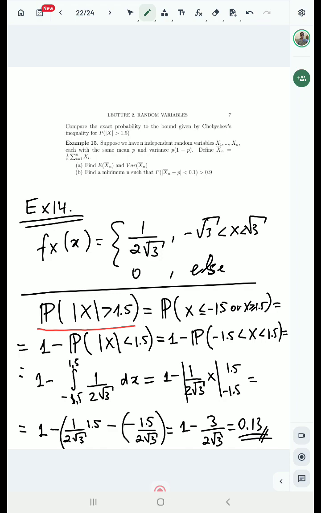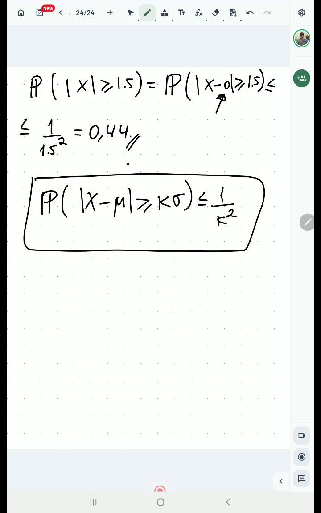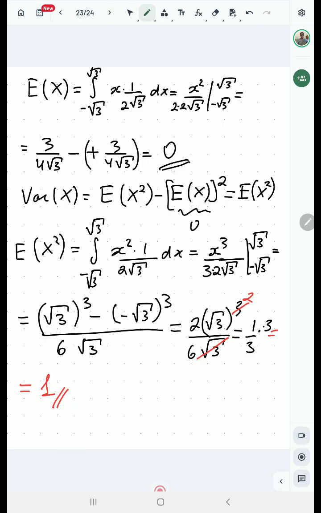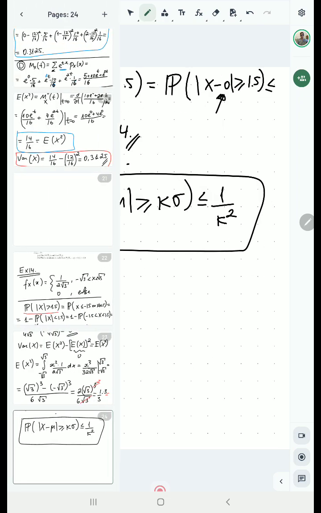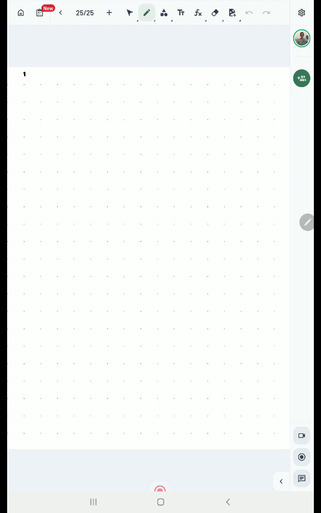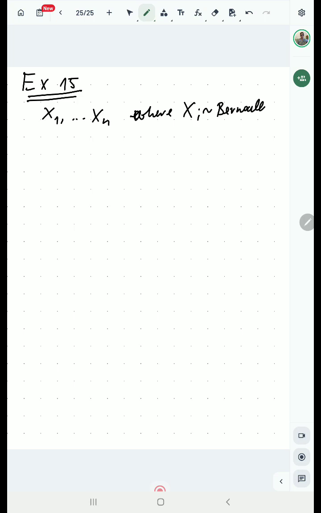Okay, let's solve part A first. This is example 15. You have a sequence of random variables x1 up to xn, where each xi is Bernoulli with probability of success equal to p.